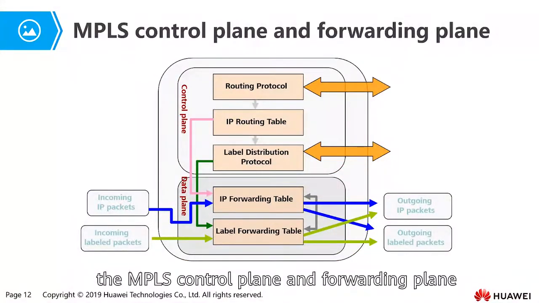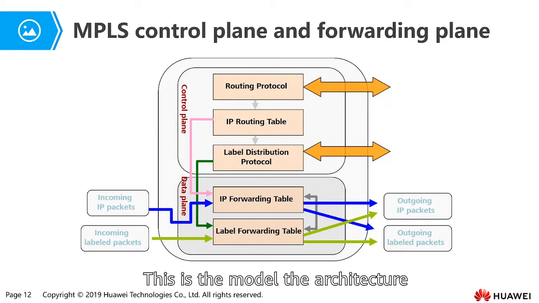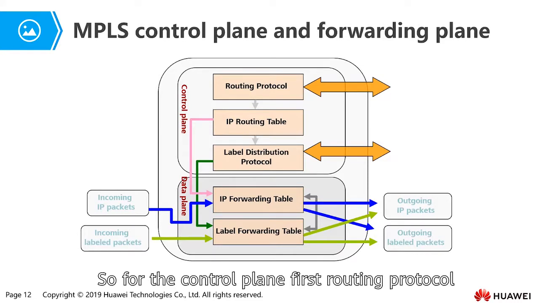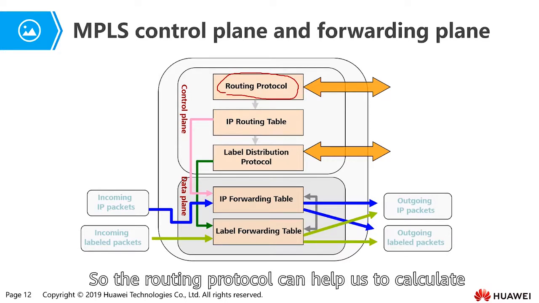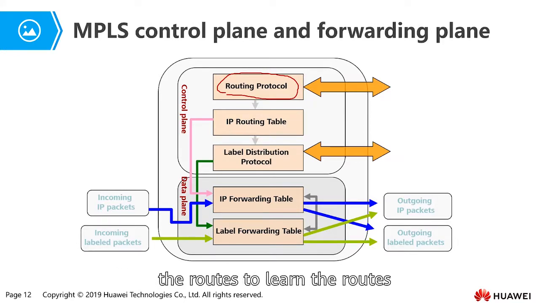And the MPLS control plane and forwarding plane, this is the architecture model. For the control plane, first, the routing protocol. What is the function of the routing protocol? It can help us to calculate and learn the routes, to build the IP routing table.